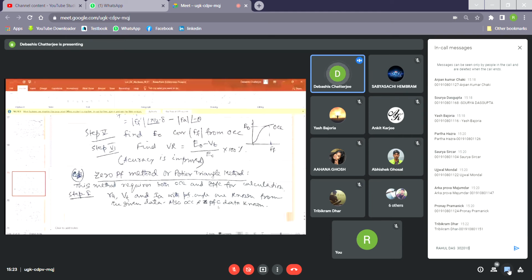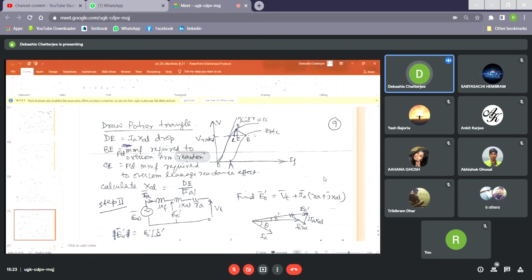Now, what is the Potier triangle? It is named after the scientist Potier, who did some work empirically, and the work is like this. Just understand first what the Potier triangle is.